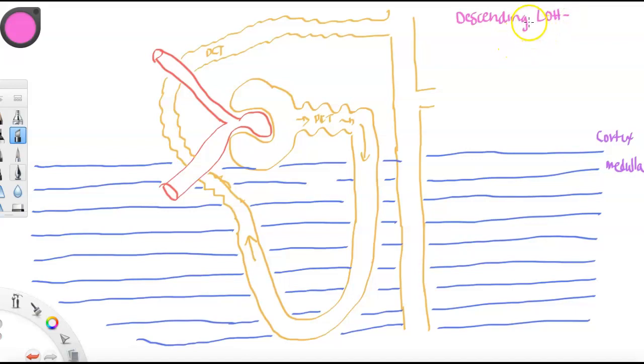the filtrate goes in there, and when it goes in there, the walls of that part of the loop are only permeable to water. Permeable to water, they are not permeable to solutes.